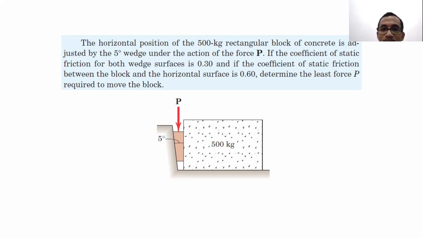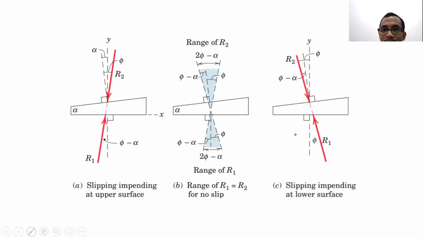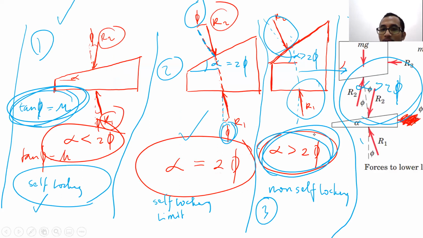I just explained to you: if you want to design a wedge with a locking mechanism, what you're supposed to do is just ensure that alpha is less than 2 phi. That's all. If you want to design a non-self-locking mechanism, then make alpha bigger than 2 phi. This free body diagram is just to explain it.